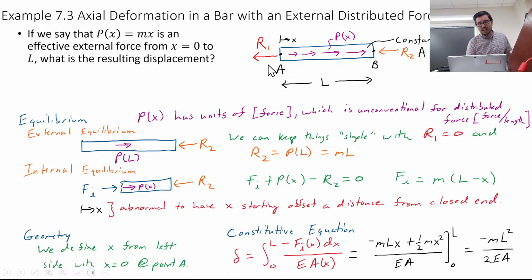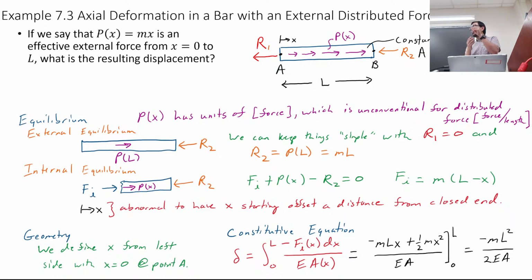All right. So anyway, what do we have here? This is a little bit confusing to look at. But the distributed force is getting bigger in this direction, and it's pushing to the right. And we're going to say that there's a reaction force on the wall. Let's say this is a wall, and this is some type of distributed force. This would be like if we rotated this problem 90 degrees.